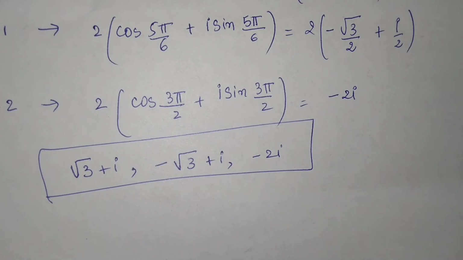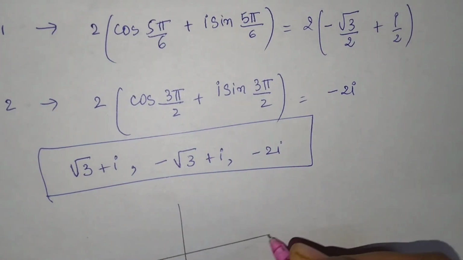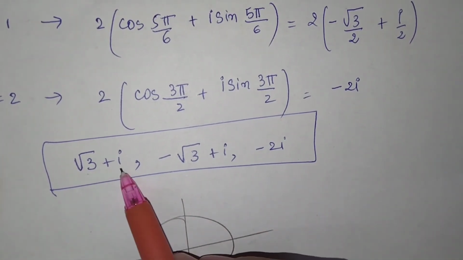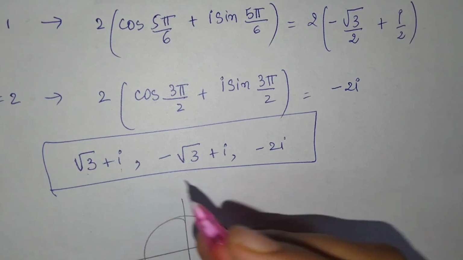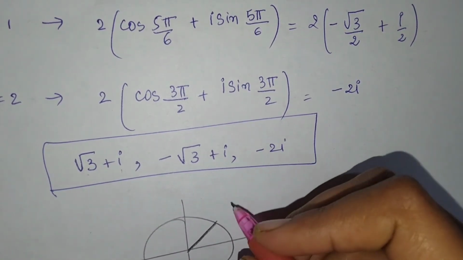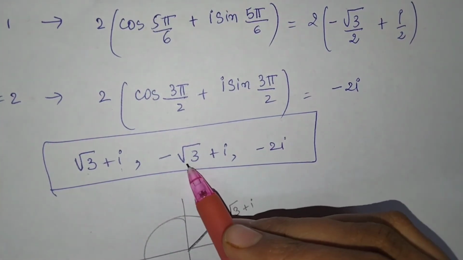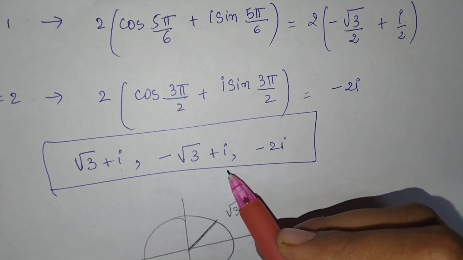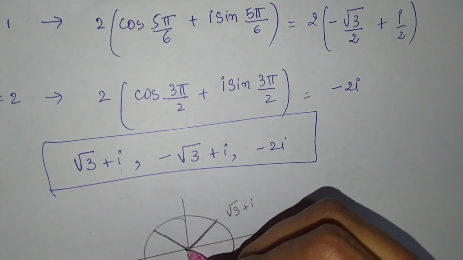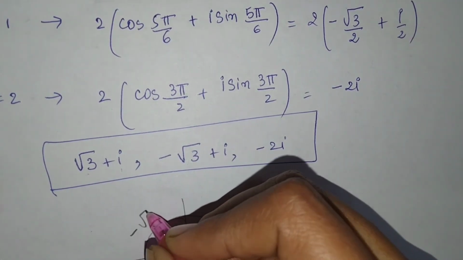And you are asked to plot them. So how will we plot them? In the Argand circle, you have to plot them. This is root 3 plus I, meaning both are positive, so it is in the first quadrant. Minus root 3 plus I is in the second quadrant, since cos is negative and sin is positive, so you can write it here.